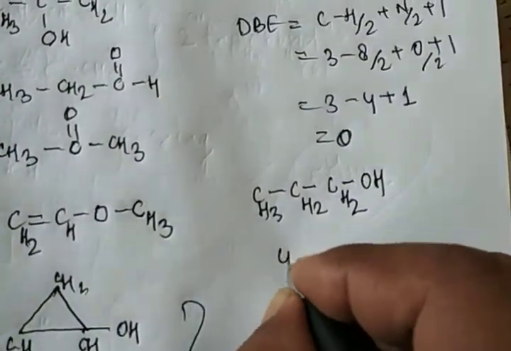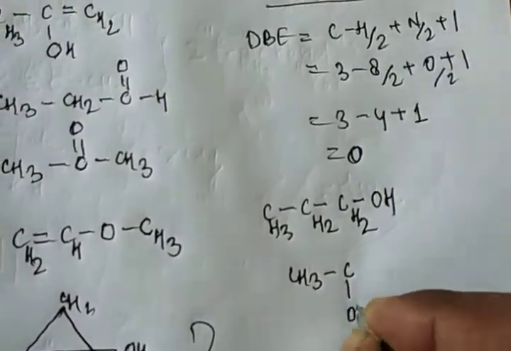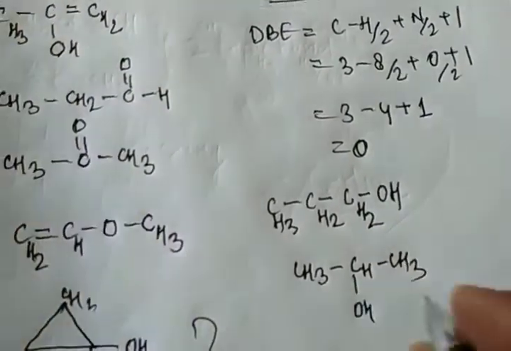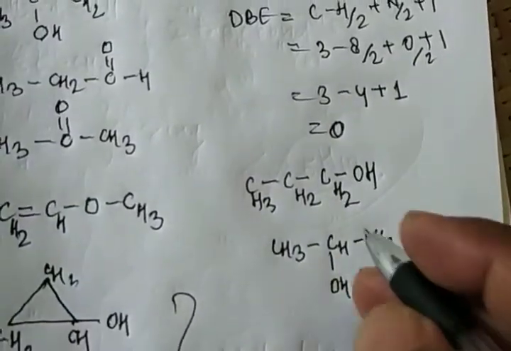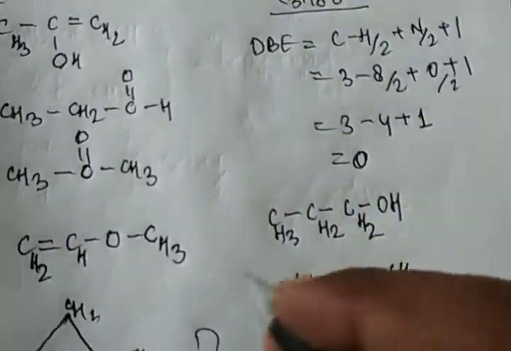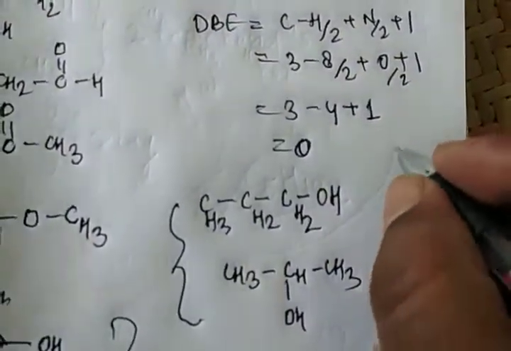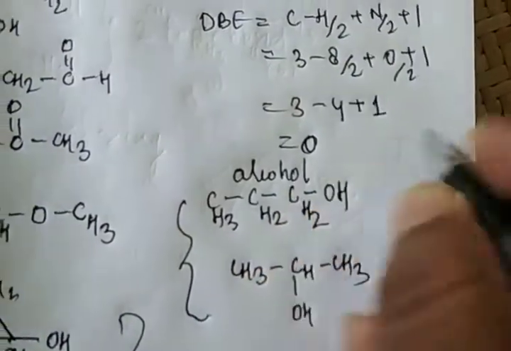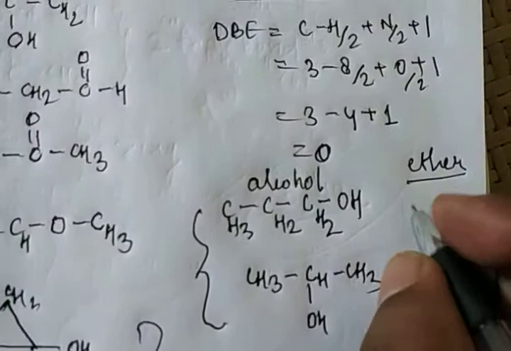Second structure of alcohol, with the OH on the second carbon. Just count: 3 carbon, 8 hydrogen and 1 oxygen. Only 2 structures of alcohol are found. This is a part of alcohol.